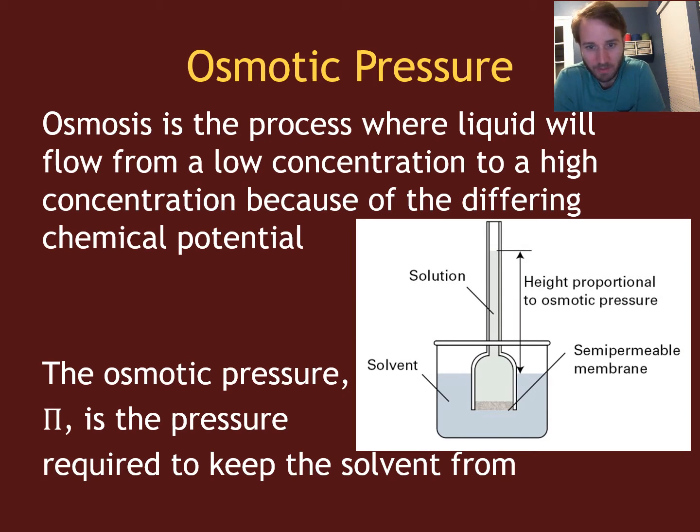Osmotic pressure is related with this process of osmosis, where if you have two liquids separated by some membrane that allows the solvent to pass through, but not necessarily solutes, the solvent will flow from low concentration to high concentration across this membrane, because of the difference in the chemical potential between the two solutions.